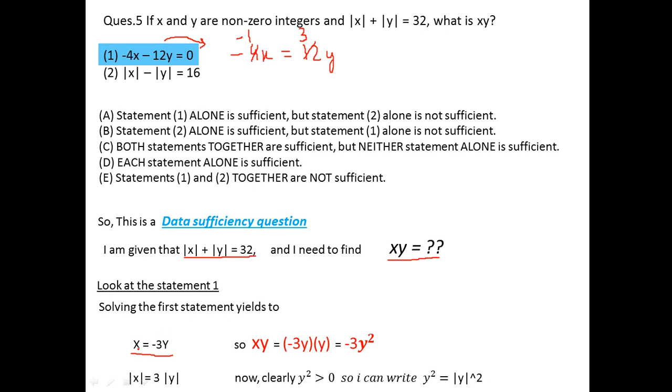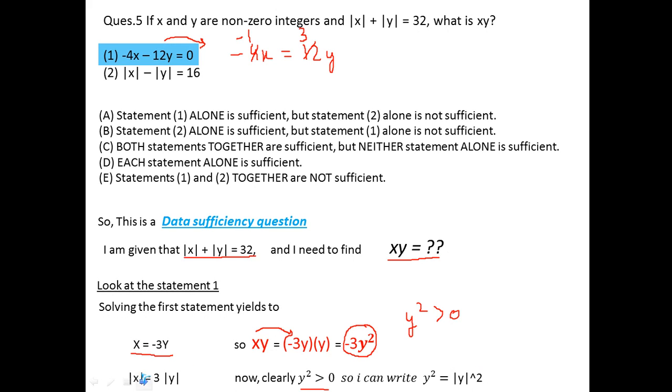Simply putting the value of x is equal to minus 3y here, I get xy is equal to minus 3y². Now I know y² is clearly greater than 0, right? So I can write y² is equal to |y|², right?